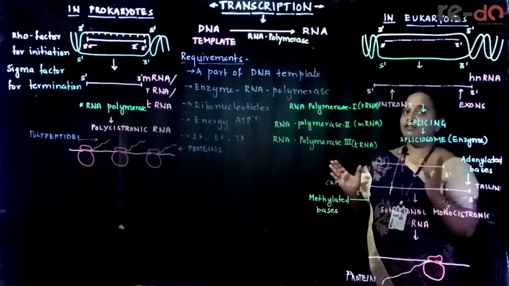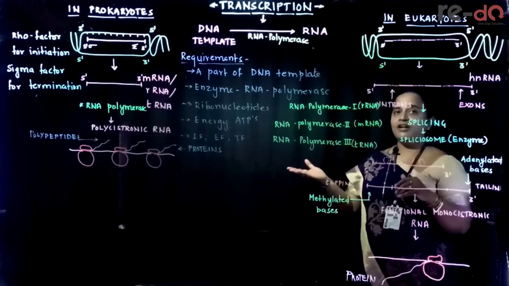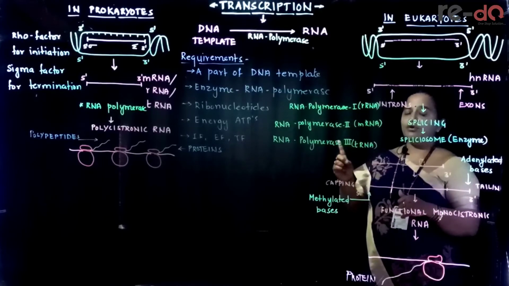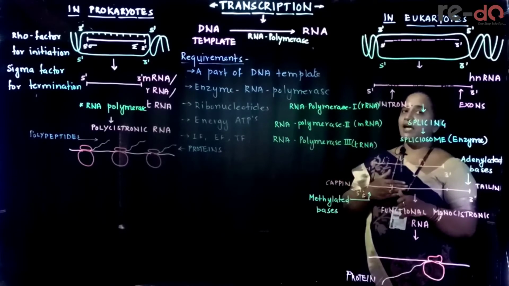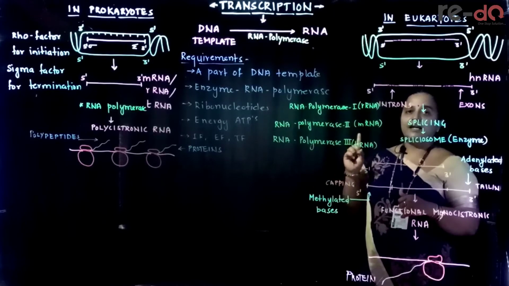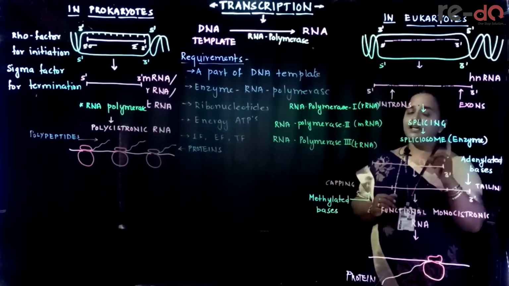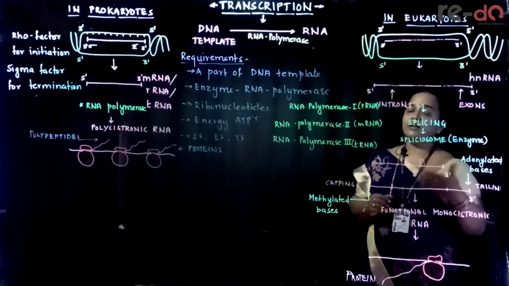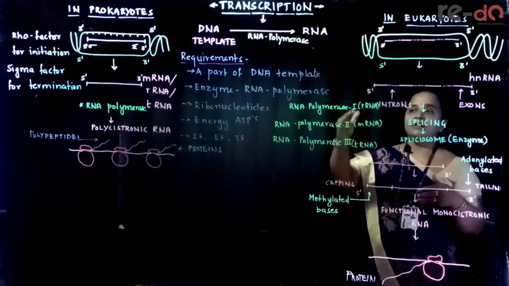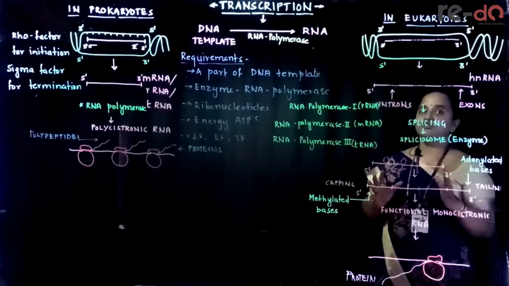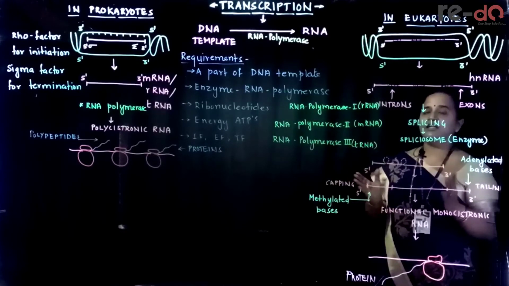Hope you understand the first difference between prokaryotic transcription and eukaryotic transcription. In prokaryotic transcription, it may be any RNA production, the catalyst is only one, RNA polymerase. In eukaryotes, depending upon the type of RNA molecule, polymerase 1, 2, 3 are available. This is showing polymorphism at the genetic level.